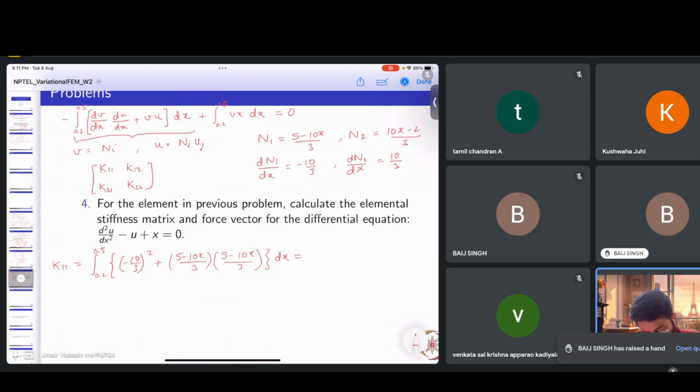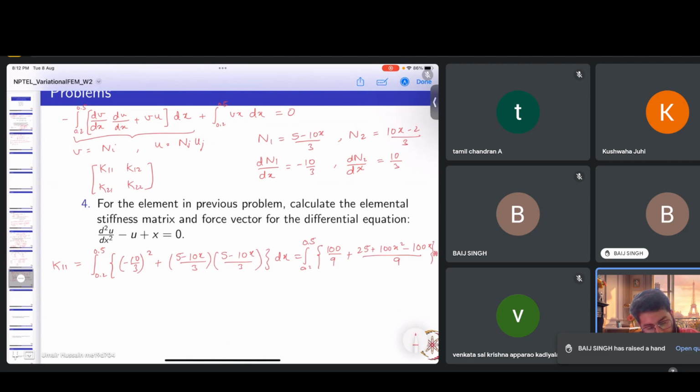So we have 100 by 9, we have 25 plus 100x squared minus 100x by 9.